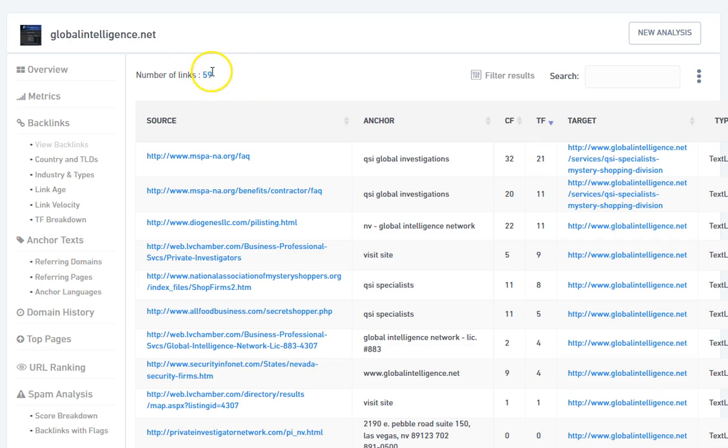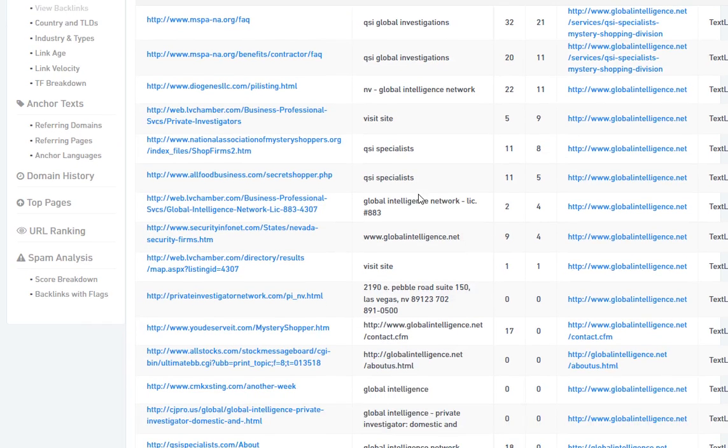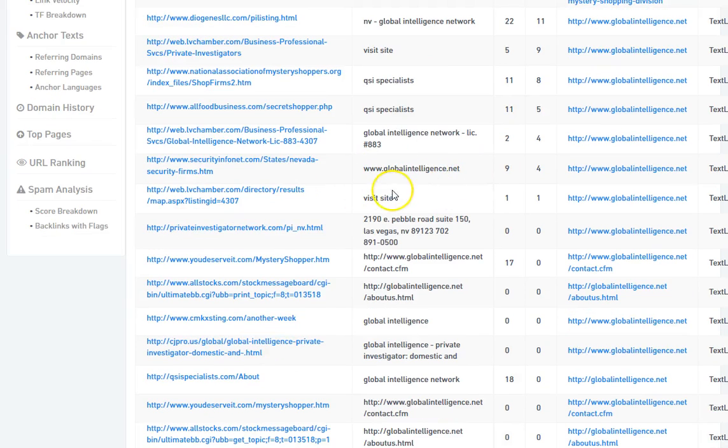We're going to look at a few of the backlinks you have on here. You got 59 links going to your site, so that's where you're getting the referring domains of 22 and the increased number of links because it's being repeated probably in a side domain or however they're repeating them on the site. And different anchors is what is linking to the site. So you see you have on here QSI Global Investigations, globalintelligence.net.